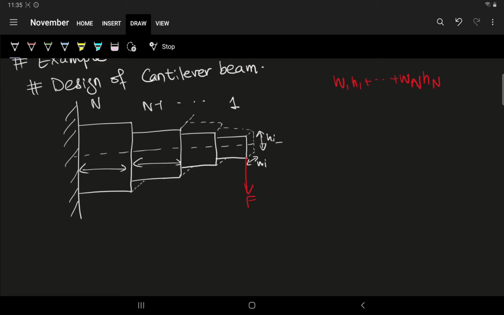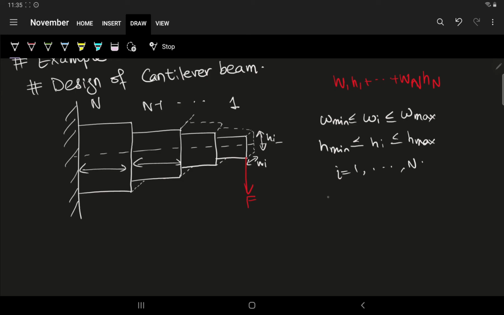That is, there are lower and upper bounds on the widths and the heights of the beams. So there are these kind of lower and upper bounds, for i from 1 to n.